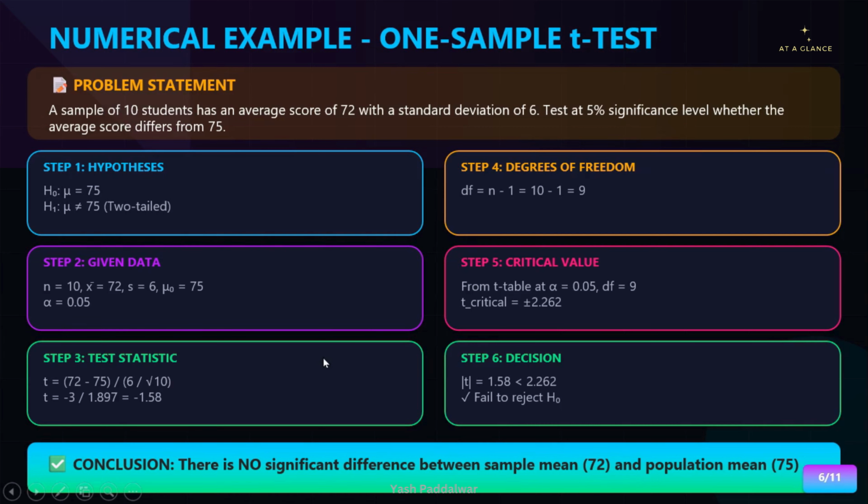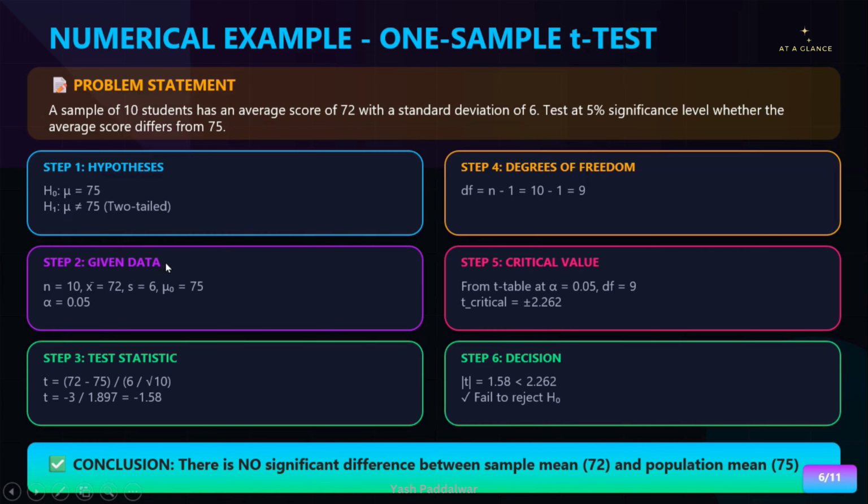Now let's define step by step everything before moving on to a conclusion. First step is to define the hypothesis. So let's define the null hypothesis as mu equals 75, and your alternative hypothesis H1 as mu is not equal to 75, which is two-tailed.